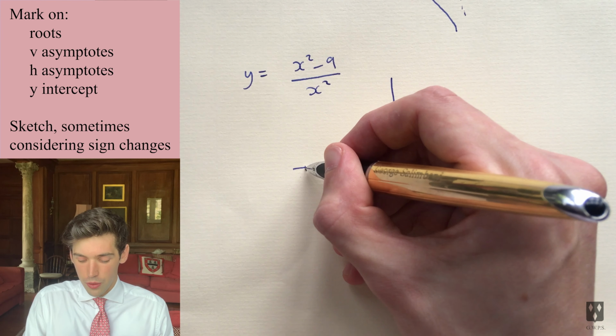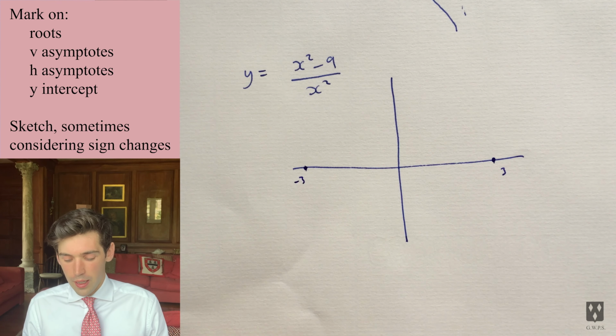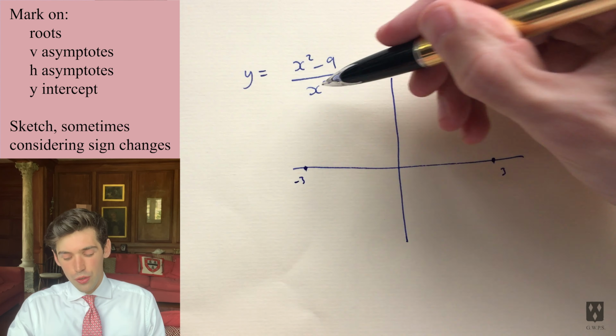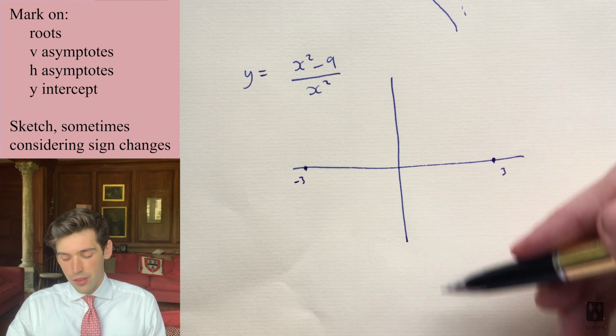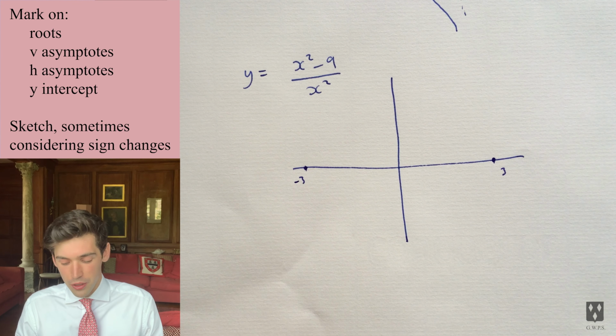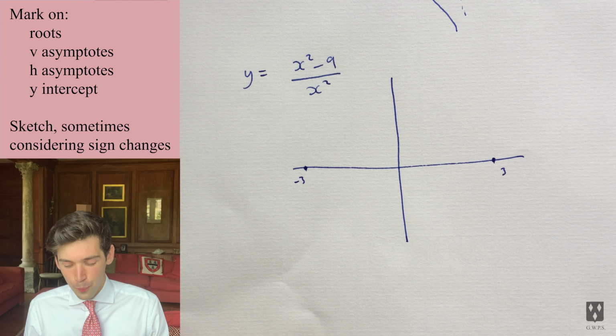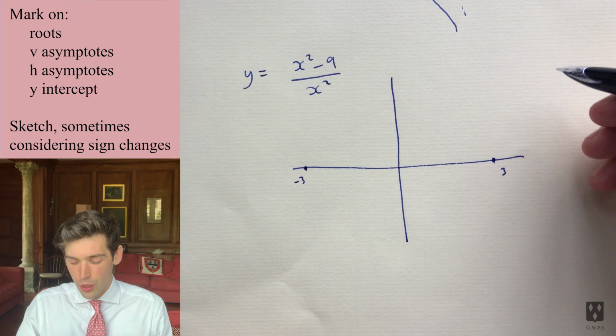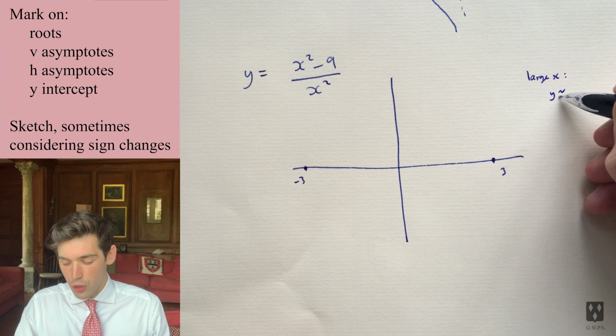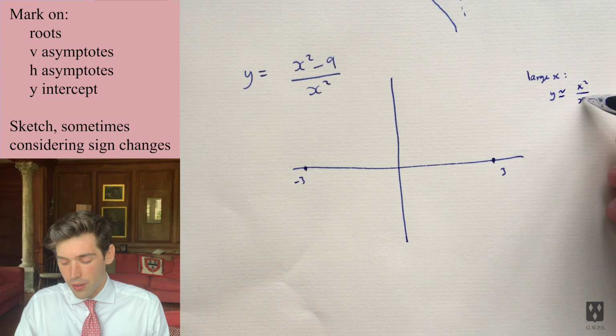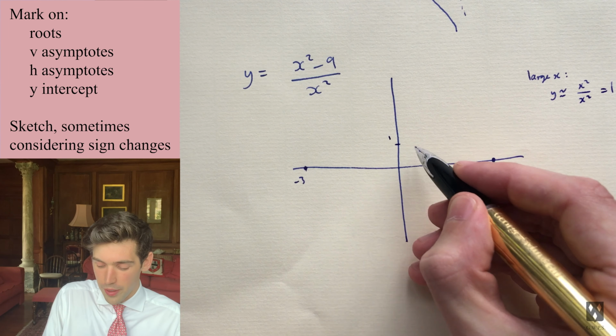So let's mark on roots. And then when x is 0, we're going to get this asymptote. So we don't mark that on because it is already there, the line. And so now we think about the large x behavior. And when x is really large, we end up getting y is approximately x squared over x squared, which is just 1. So we can mark on 1 here.